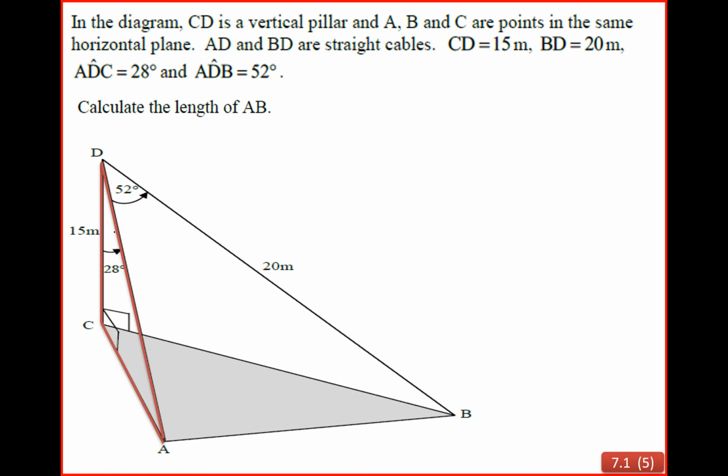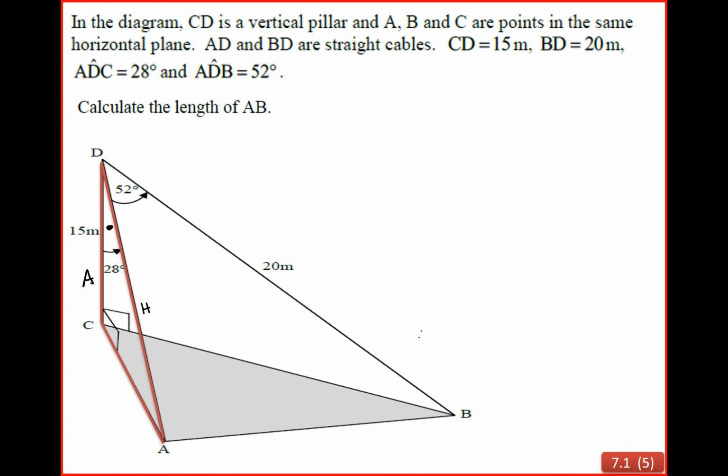So if we use 28 as our reference angle, we know that AD is your hypotenuse, as it's opposite the right angle called C. And the side that is given is CD, which is your adjacent side in comparison to angle D. So I can use a ratio called cos.